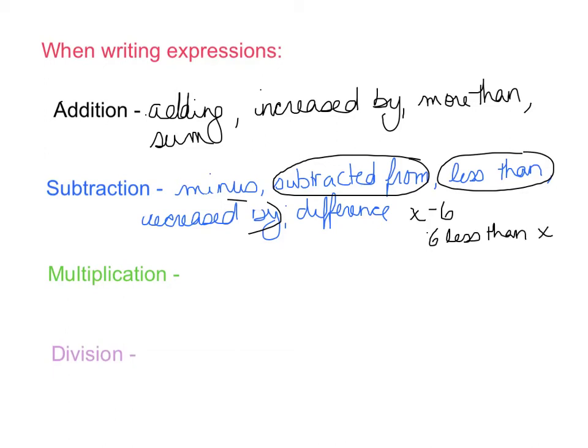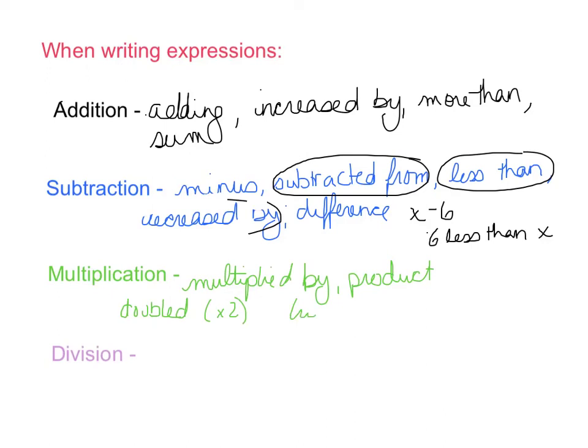For multiplication, I'm talking about multiplied by. I'm talking about the product. If I say doubled, it means times 2. If I say tripled, it is times 3.